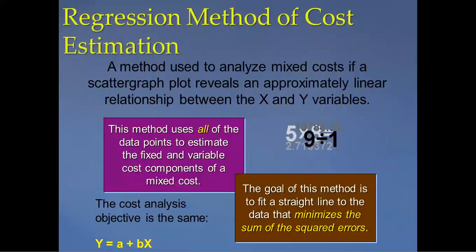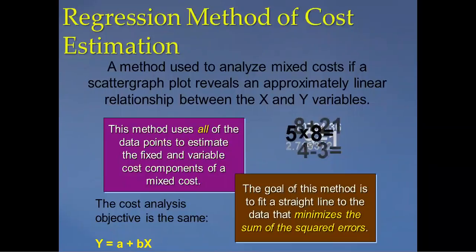Okay, but the main objective, again, whether using the high-low method or the multiple regression method, is to come up with a cost formula down here in the yellow, where y equals the total cost of something, A is the fixed cost, B is the variable cost per unit, and X is the volume.